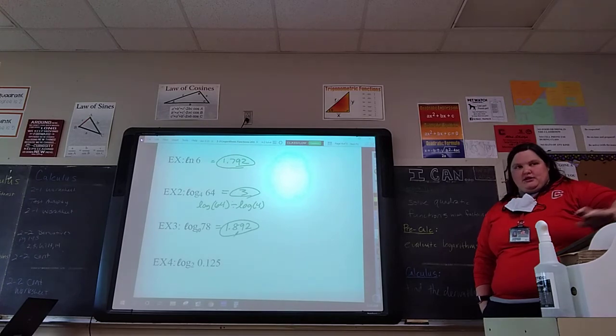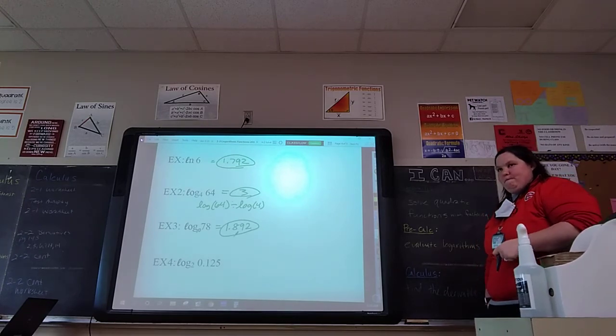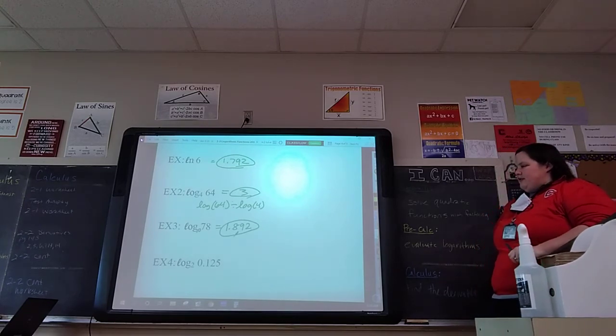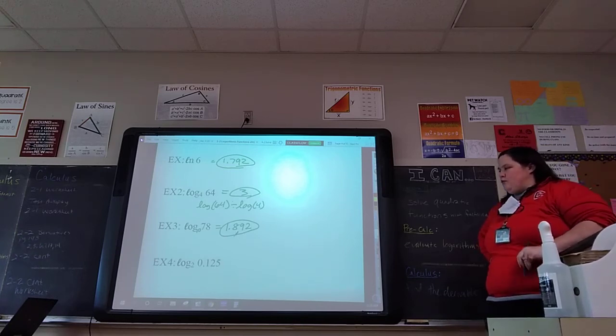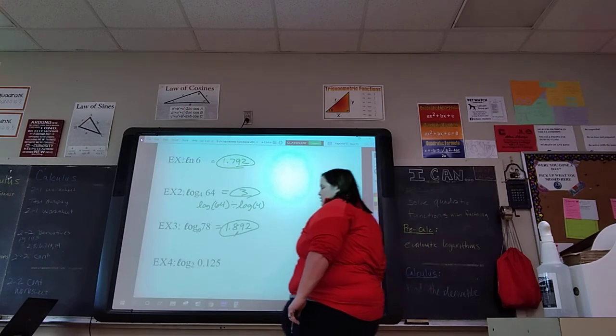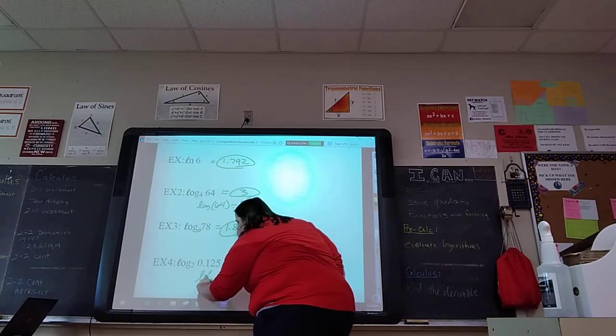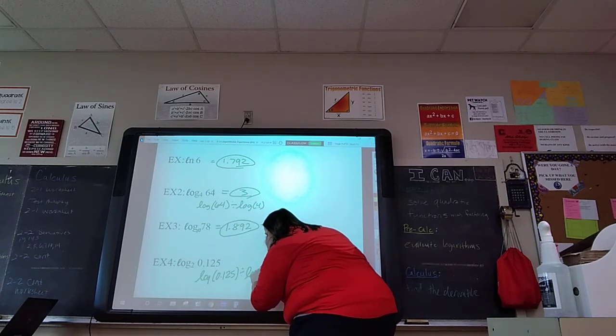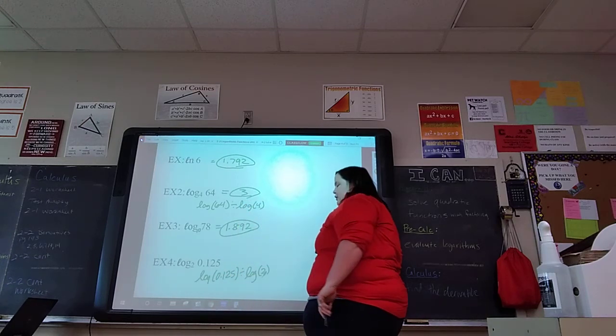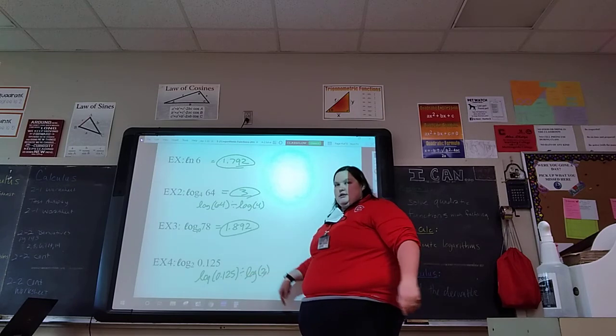Going kind of fast. Any questions? So then how can I solve for the last one? Log 0.125 divided by log of 2. Yep. So we're finding the exponent we put on 2 that equals the 0.125.